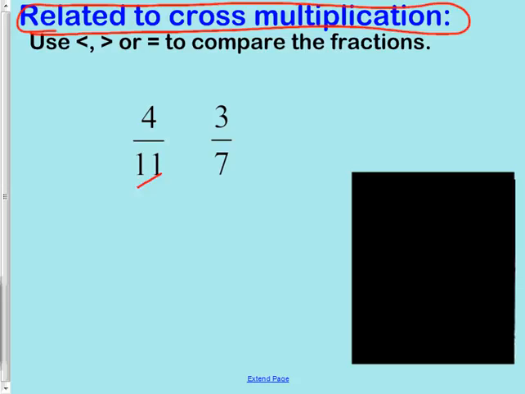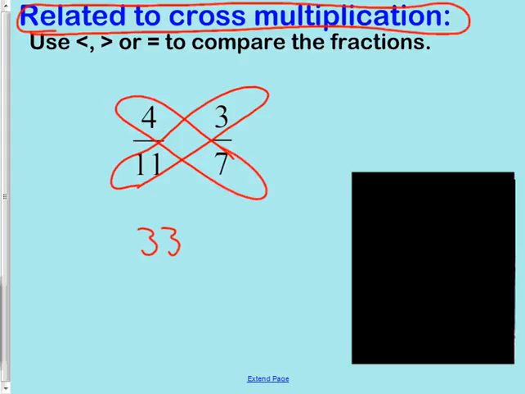Watch. What's that? And what's that? 28. Okay? But the problem is that all it tells you is they're not equal, and therefore we don't use the equal sign. But how do you know whether it's less than or greater than? Yes, that's true.